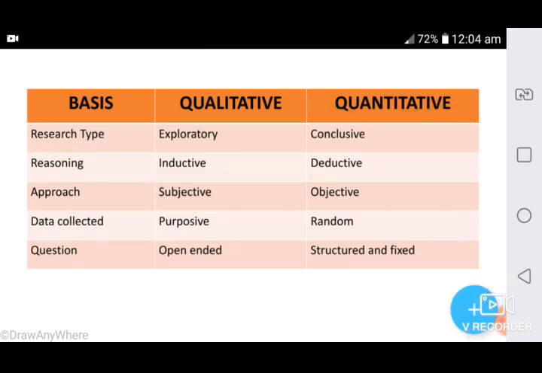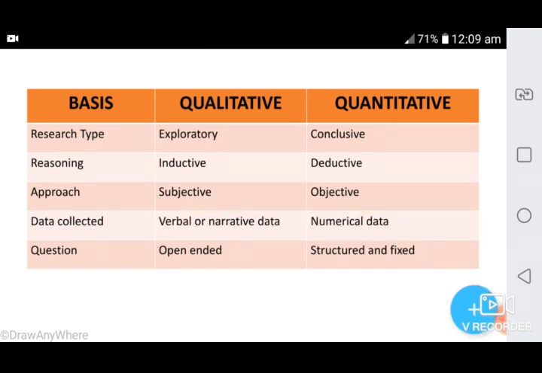Then qualitative research follows a subjective approach, but quantitative research follows an objective approach because the researcher seeks observation and analysis to answer the inquiry.